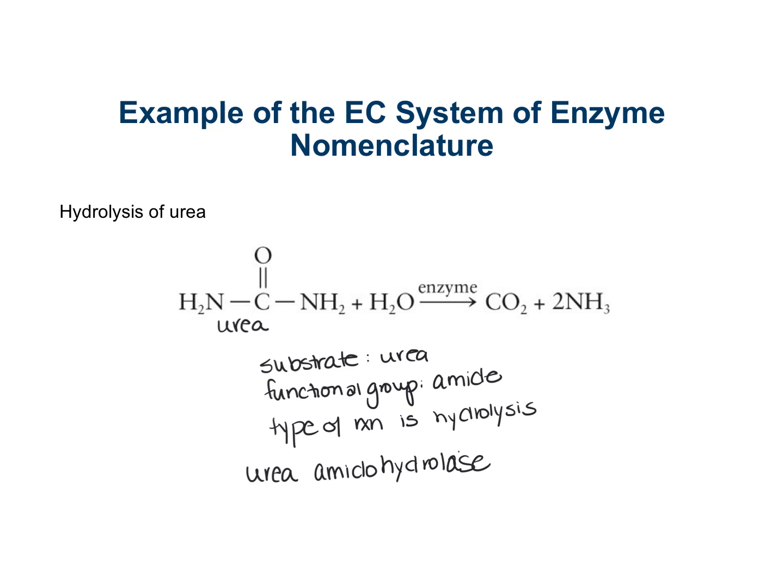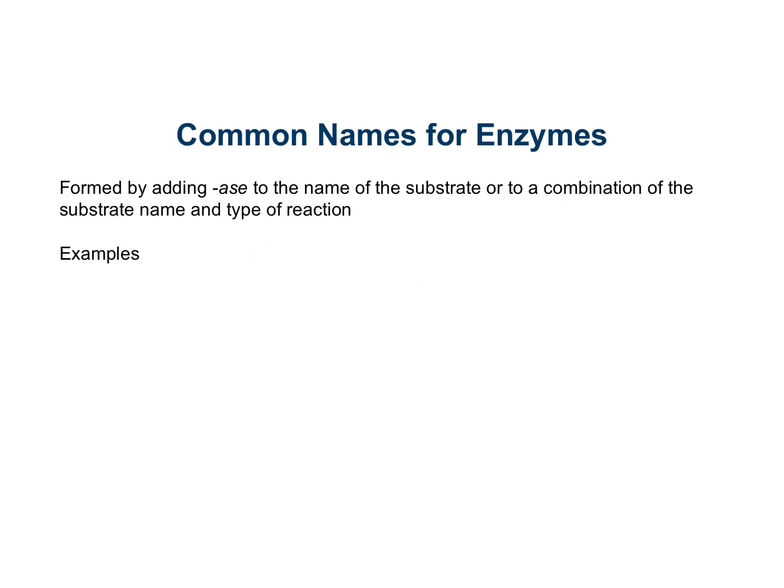Now, more often though, we use common names. So these are usually shorter, they're a lot more convenient. Common names are just derived by adding ASE to the name of the substrate, or a combination of the substrate name and the type of reaction.